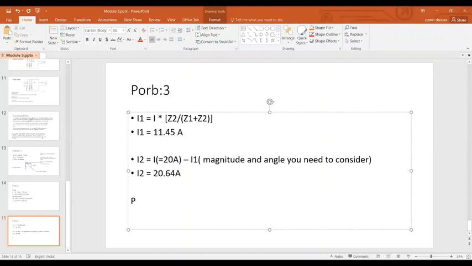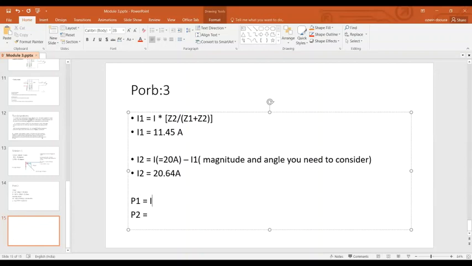Having known the I1 magnitude and I2 magnitude, you can calculate the power consumed in branch 1 and branch 2. Let's call P1 the power consumption in branch 1 and P2 the power consumption in branch 2.